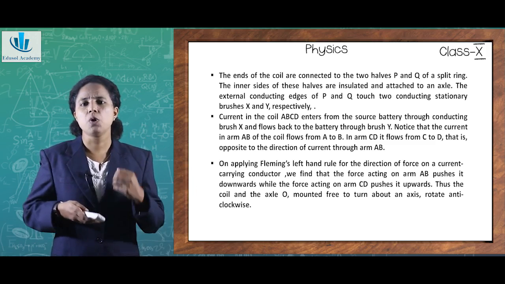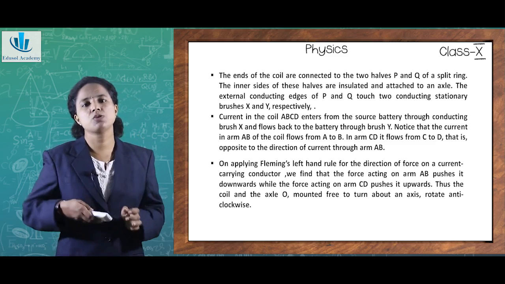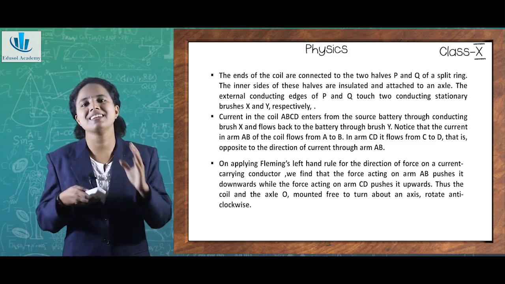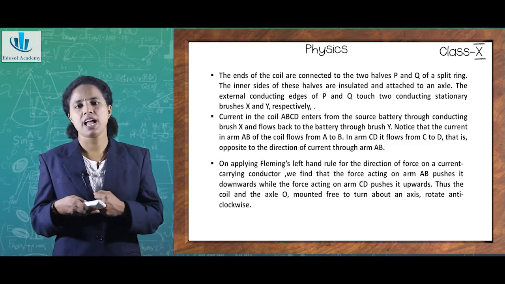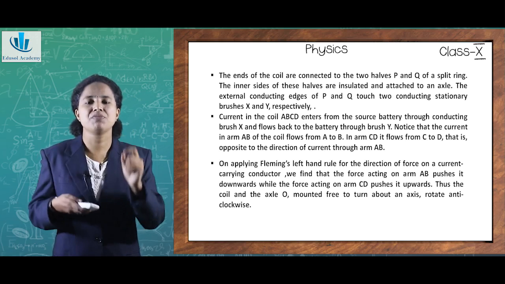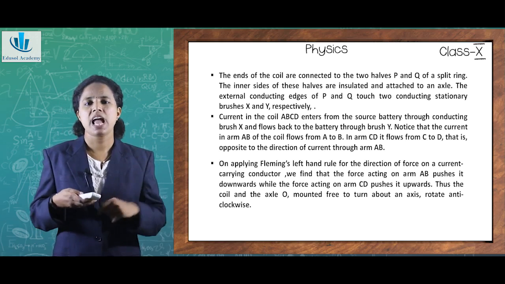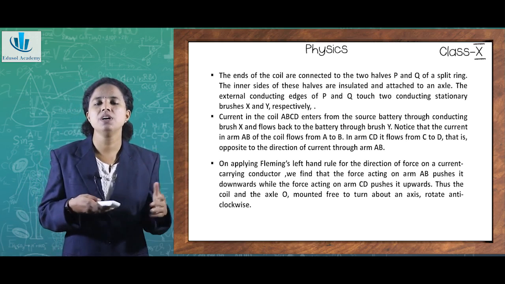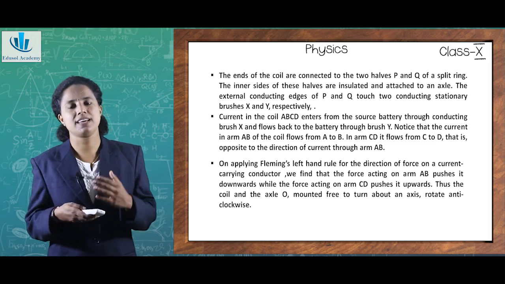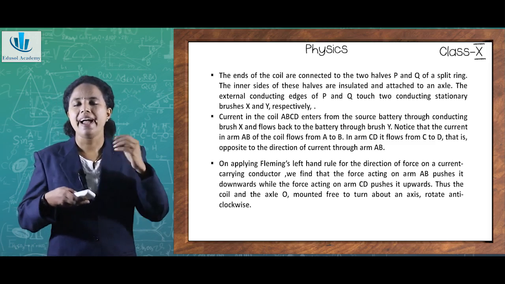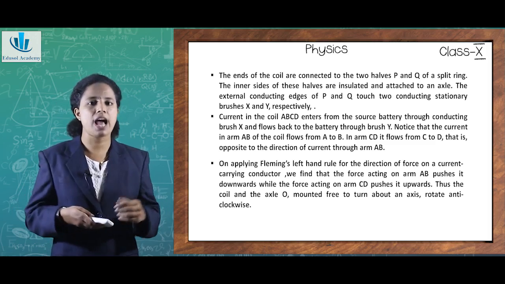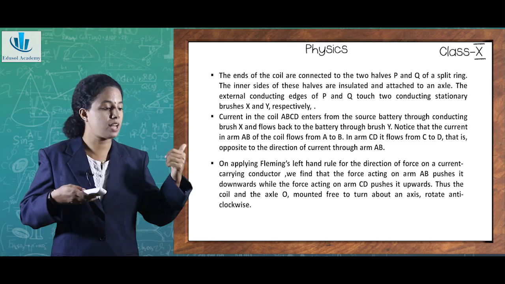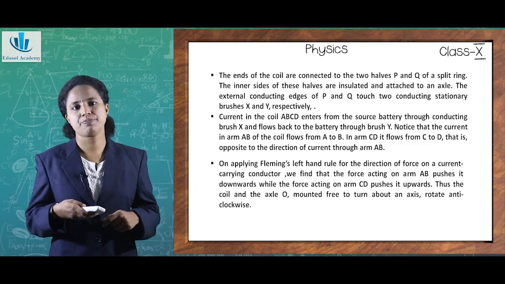There is a very important rule needed to find the direction of force on a current carrying conductor. It is found using Fleming's left hand rule. By applying Fleming's left hand rule, we find that the force acting on the arm AB will be pushing down, whereas the force acting on the arm CD will be pushing upwards.